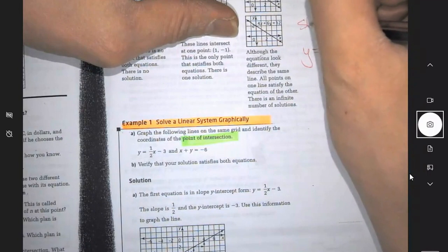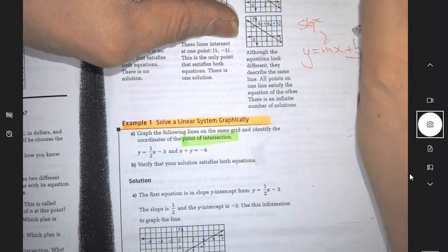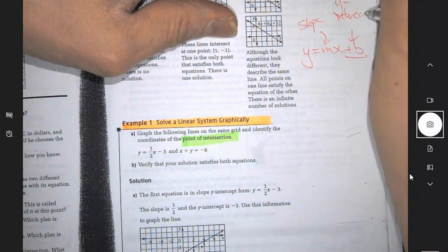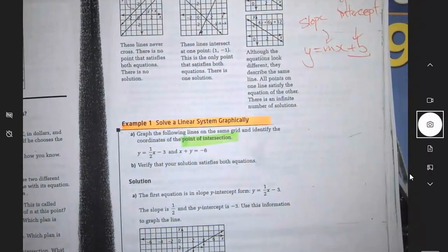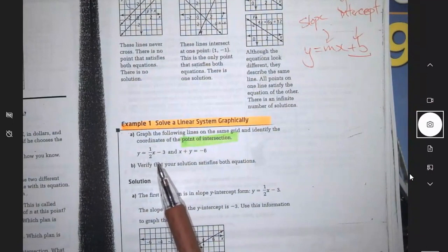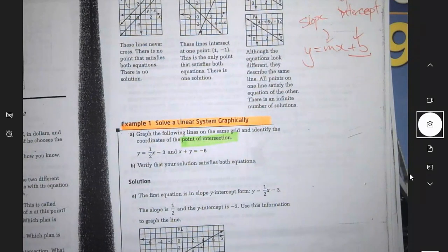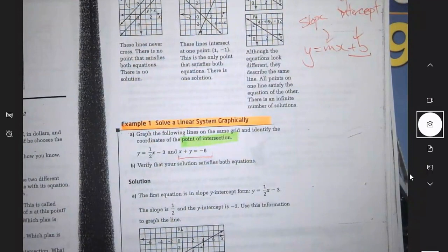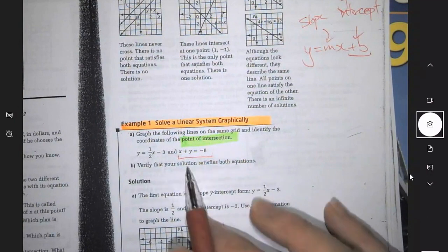M is the slope, the plus b, that's your y-intercept. So in this case, this first line, they gave you in the y equals mx plus b form. It's awesome. We don't need to do much before we graph. However, this equation here is not in the y equals mx plus b form. So we want to arrange it.